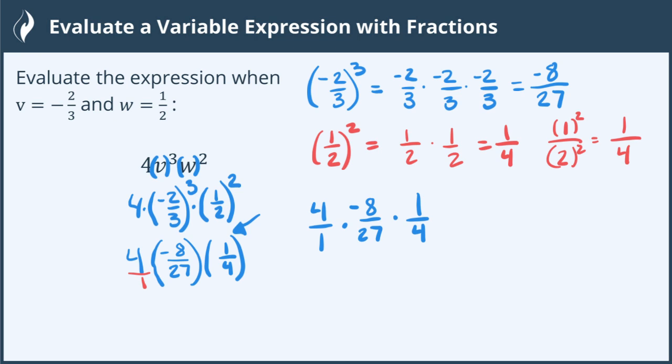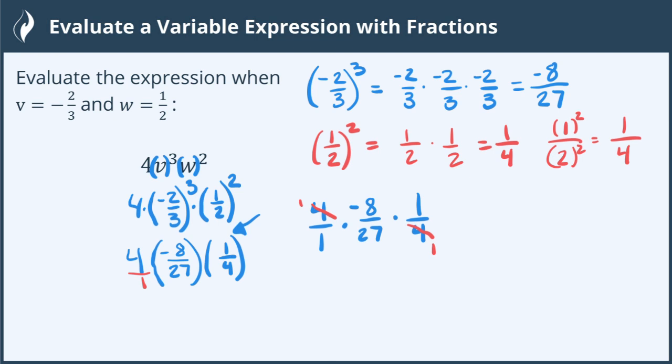So I'm going to start with the first numerator. 4 over a 1 doesn't simplify. 4 and 27, nope, there's nothing in common that'll divide out of 4 and 27. So I'm going to go 4, and the 4 on the end are both divisible by 4. So I can simplify that way. 4 divided by 4 is 1, and 4 divided by 4 is 1.